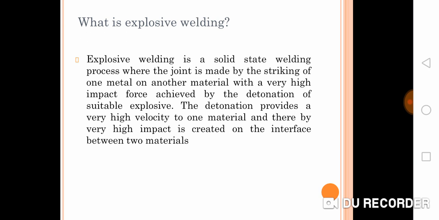When one metal strikes over the other, the deformation happens and a metallurgical bond is created at the interface of the material. So in short, explosive welding is a solid state welding process where the joint is made by striking one metal on another material with very high impact, and this is achieved by the detonation of a suitable explosive.